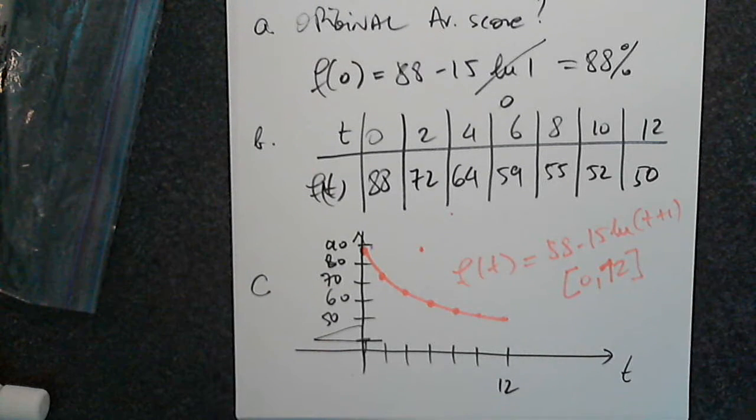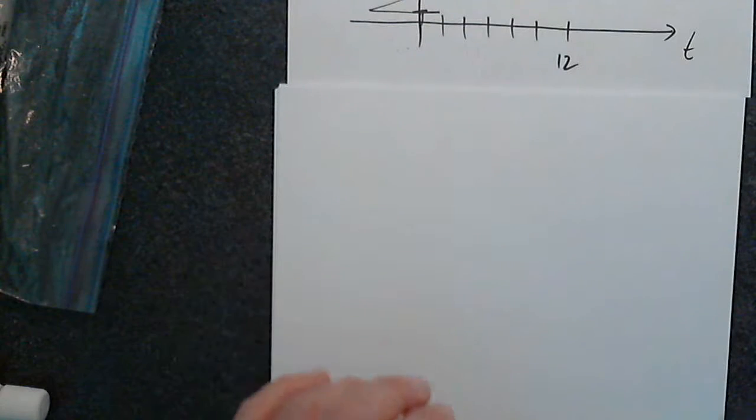They couldn't fit a square root or x squared or x cubed. Nothing worked but a natural log function. Any questions? Okay, now we can make progress. Everything okay?